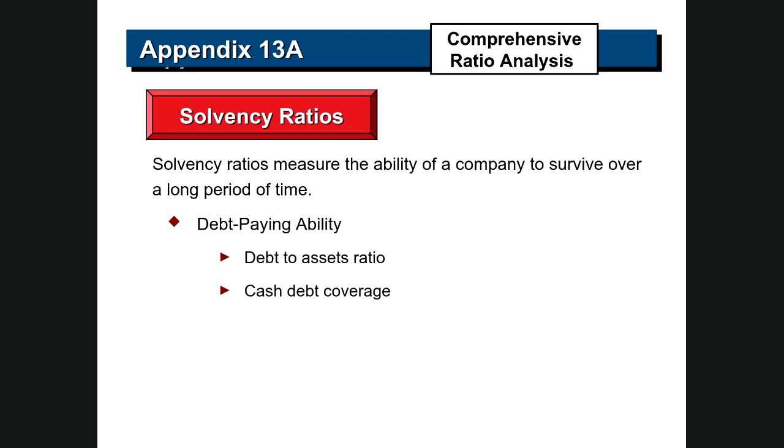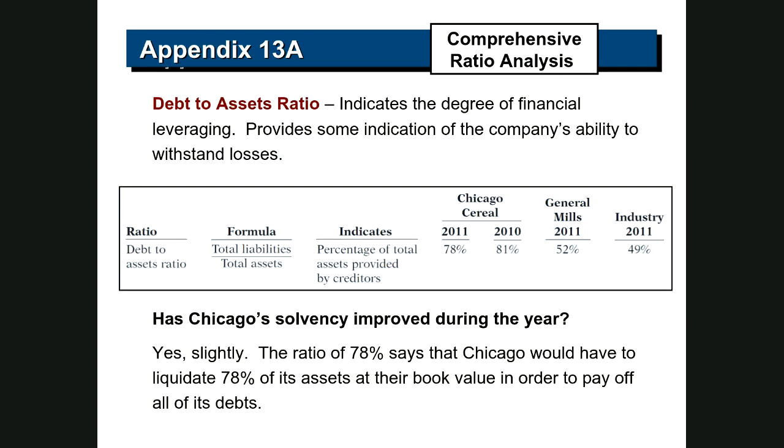Then we have the second set of ratios, which is called the solvency ratios. The solvency ratio is something that tells you your ability to pay long-term debt, right? The loan that you have borrowed from the bank. So the first one is debt to asset ratio, which is calculated by taking the total liabilities divided by the total assets. So let's do that for 2011, right?